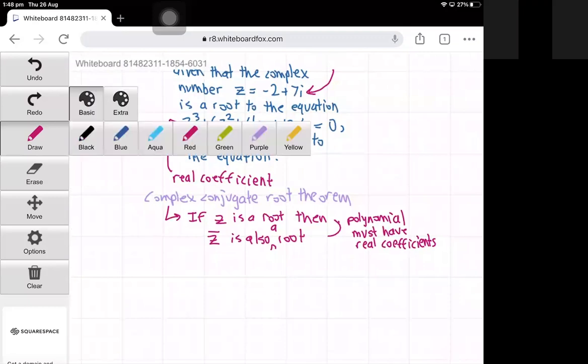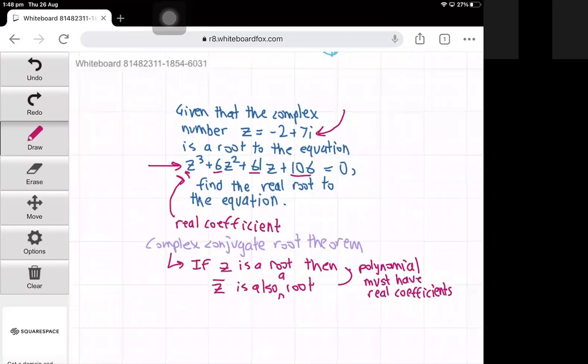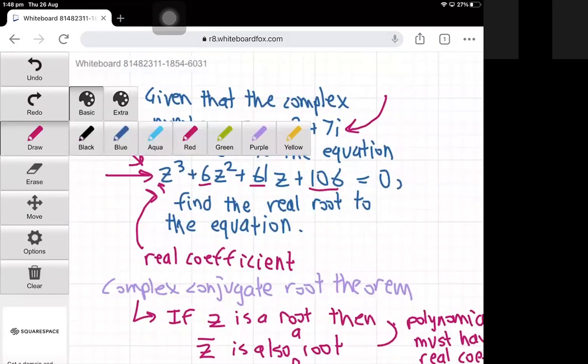Okay, so if z is a root, then the conjugate of z is also a root. And we can apply this theorem because this polynomial in z has real coefficients.